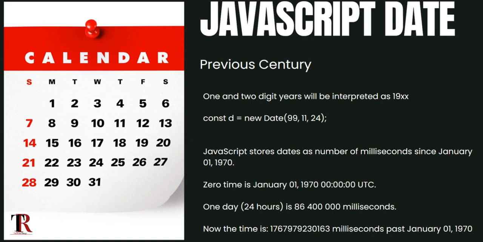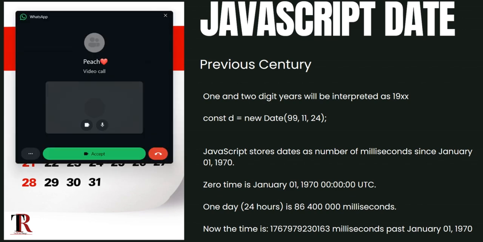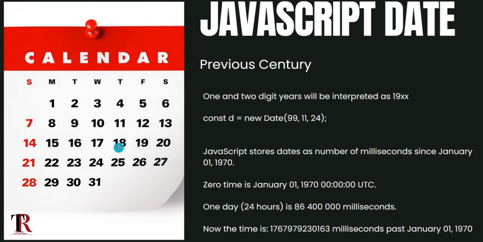So in this particular lesson, we are going to take it a little step further and talk about when you pass in 2 digits as parameters to your date object. That is what I'm going to be talking about in this lesson.